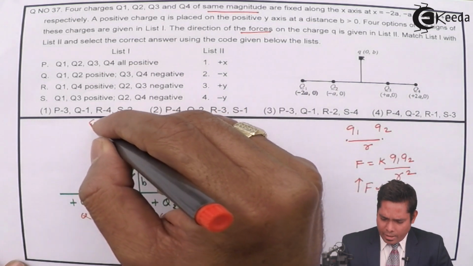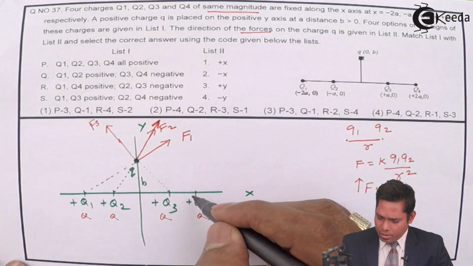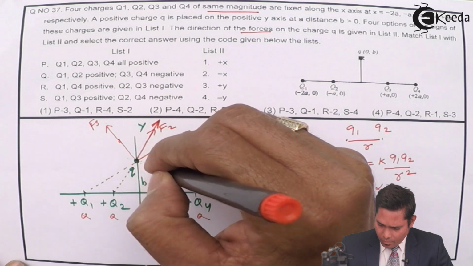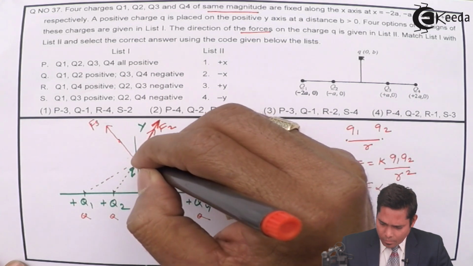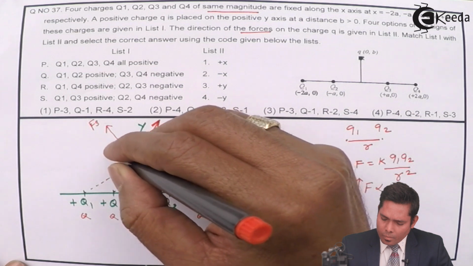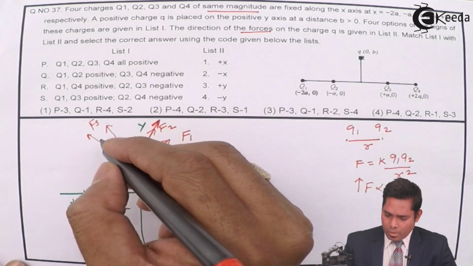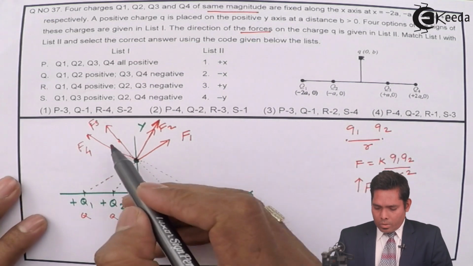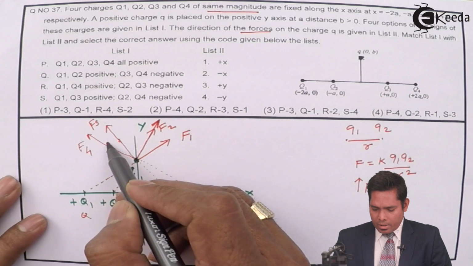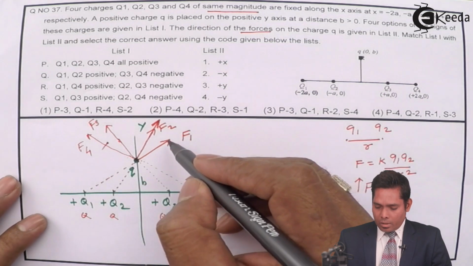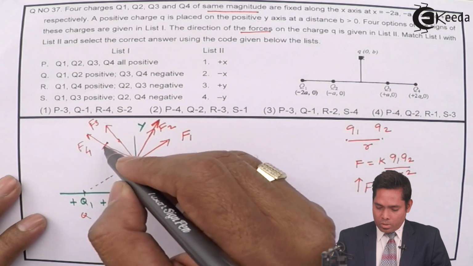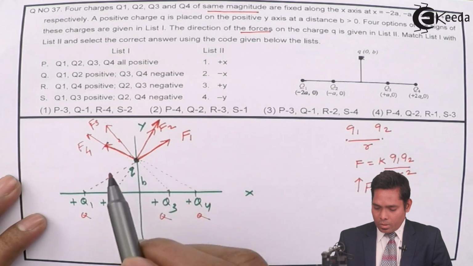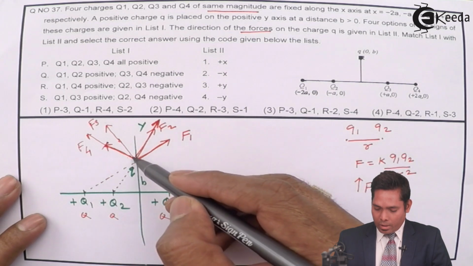This F3 is greater than F1 obviously, and this is Q4, whose force will be in this direction, F4. Now this is smaller in size. This force is smaller and equivalent to that force, so I'll make this length and that length equal.